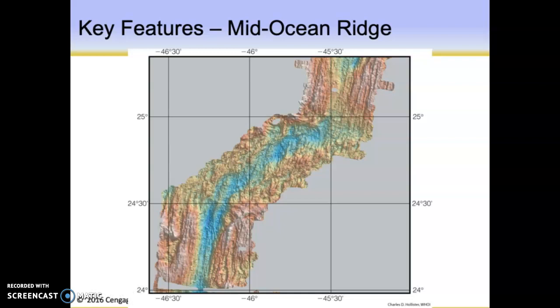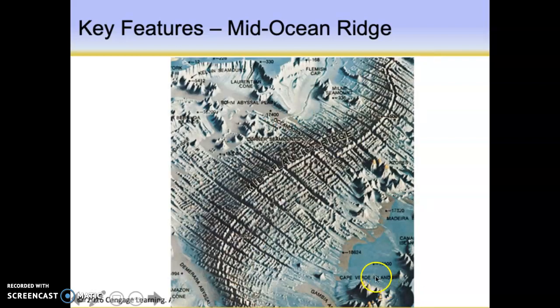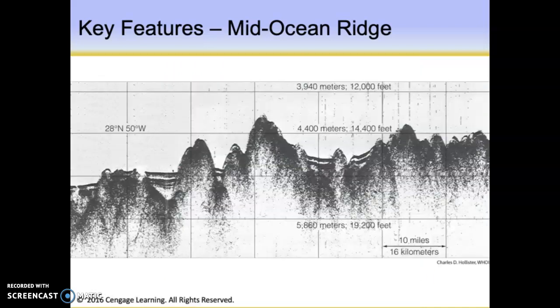If we look at the rocks of the mid-ocean ridge, you'll notice as you move away from the center on this drawing, they're very, very bumpy, and this is what it looks like when we look at sonar from the side. One of the things that's striking about this, you can see the rift here in the middle, or actually the rift is a little off to the right, I should say.